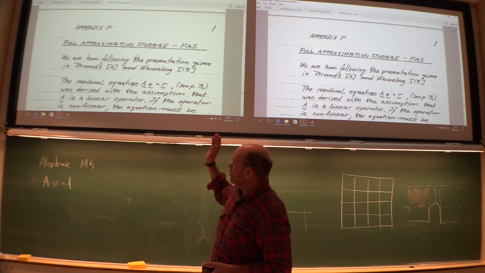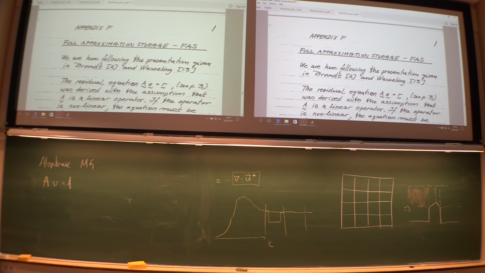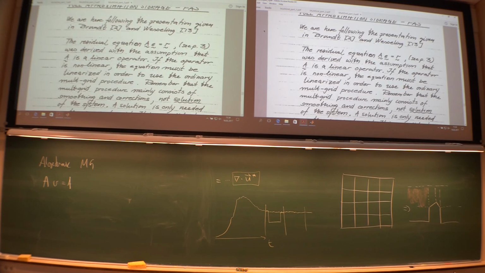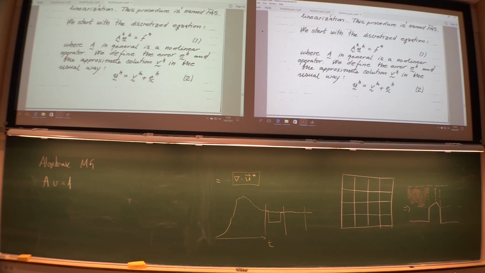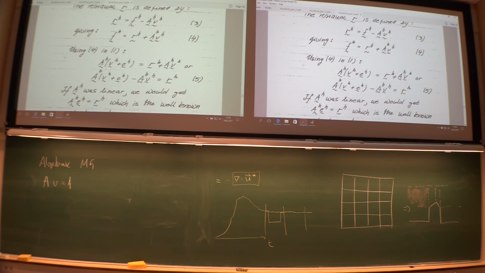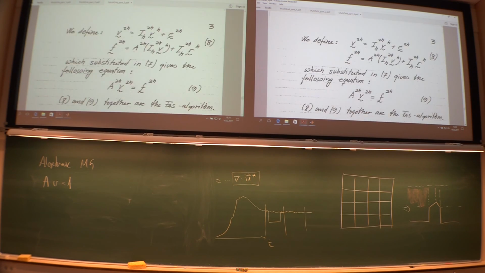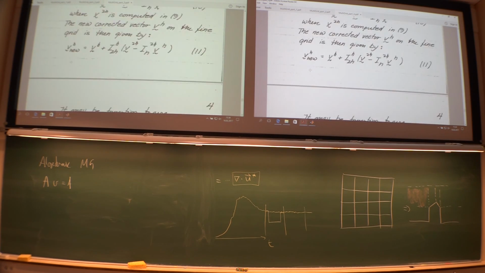Then you have to use the original equation representation on every level. You can do it, but it's not so efficient anymore. So it's described a little bit here. Now it's quite rare actually to have a nonlinear coefficient matrix A, so you really don't need to worry too much about it.